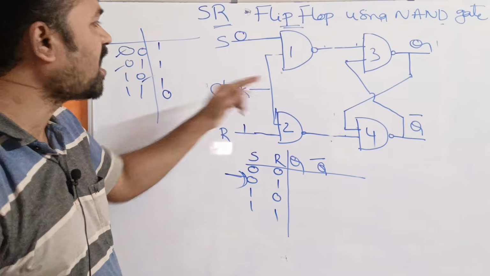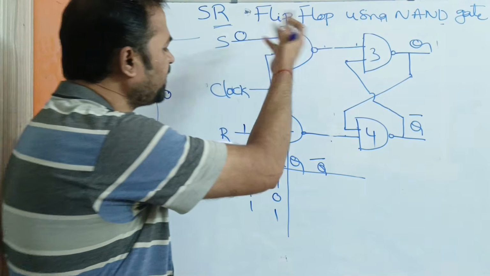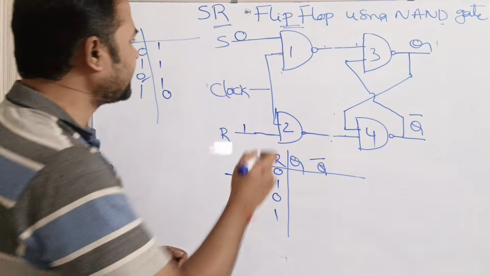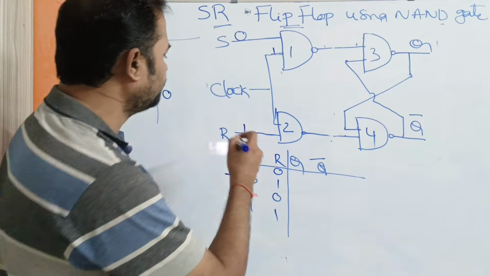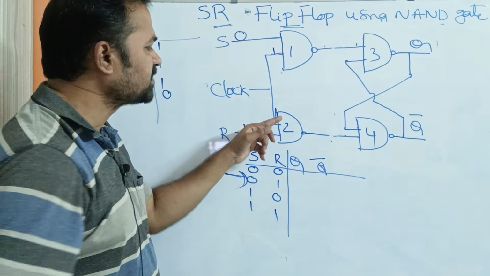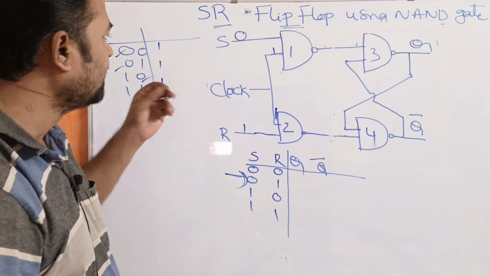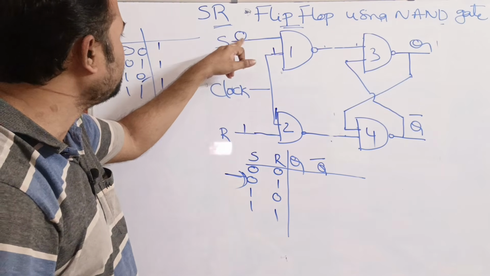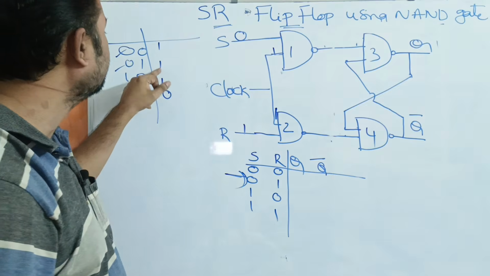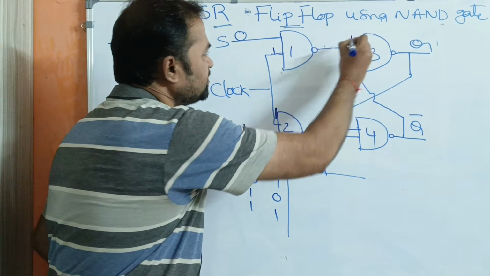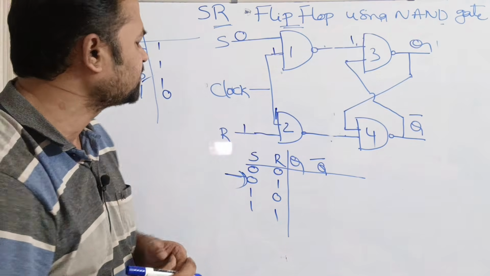And here we have a clock pulse. This clock pulse will be applied to the first NAND gate as well as the second NAND gate. So the value of the clock pulse must always be 1. Next, 0, 1 means the output is 1. So this 1 will be supplied as the input to the third NAND gate.